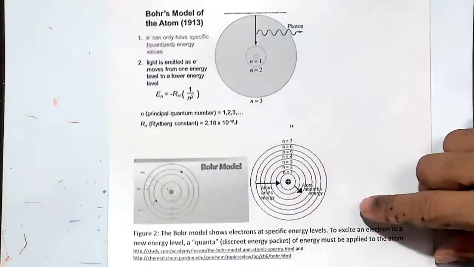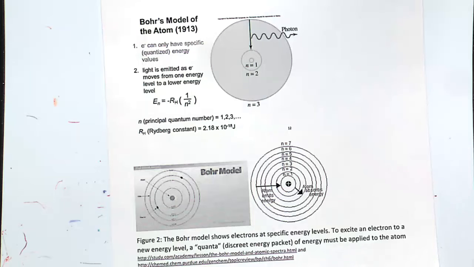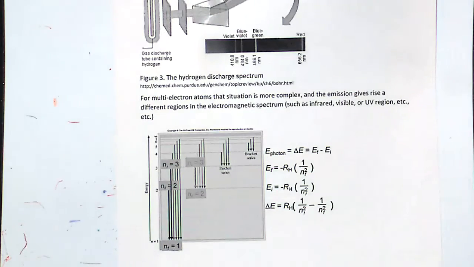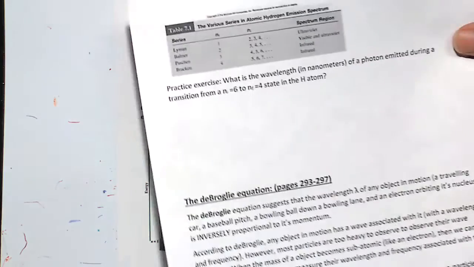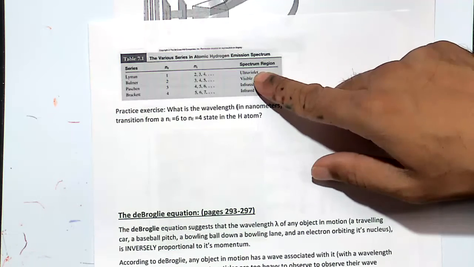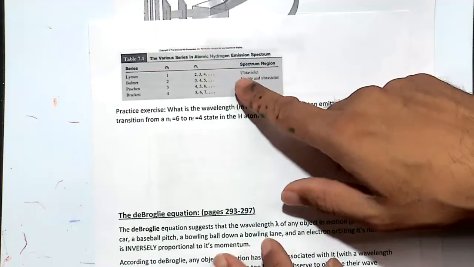Again, very, very quickly, the idea of excitation and emission. You can actually see here that the different emissions have different names associated with them. If I were to go to page 8, I know I'm hopping around, but these different emissions, the UV region of the electromagnetic spectrum, that's called the Lyman series.